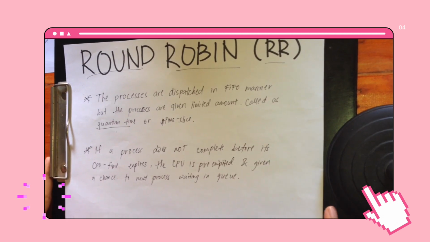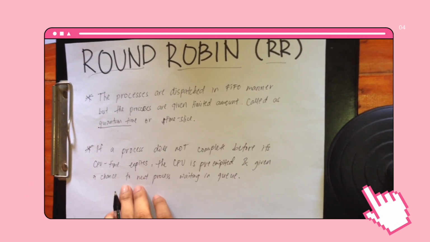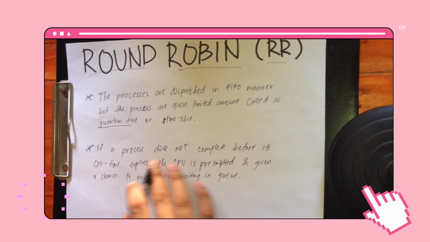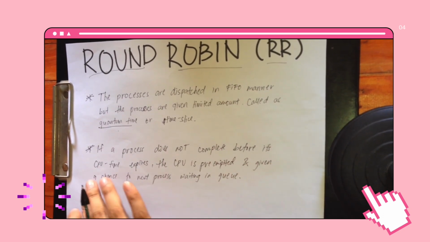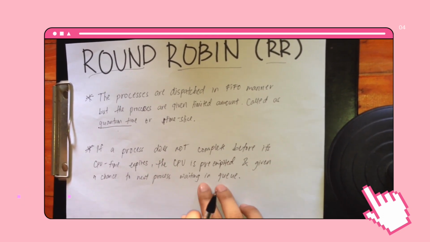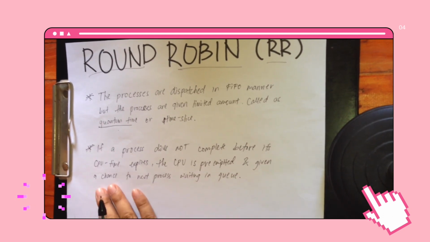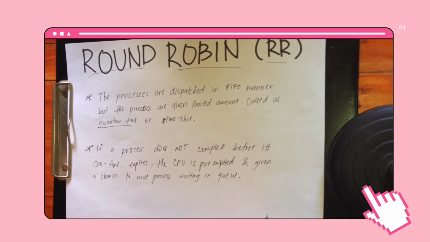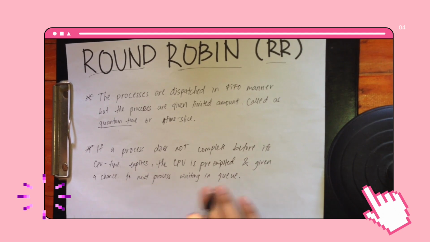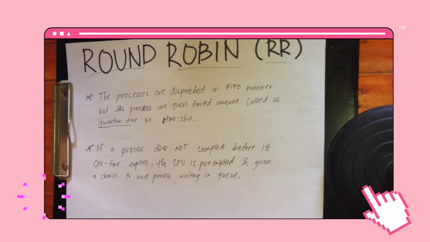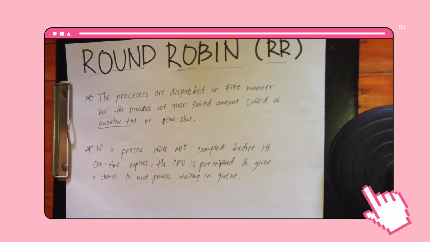So, if the process does not complete before its CPU time expires, the CPU is preempted and given a chance to the next process waiting in queue. And round robin is like this. So this is how it will be executed in our computers.